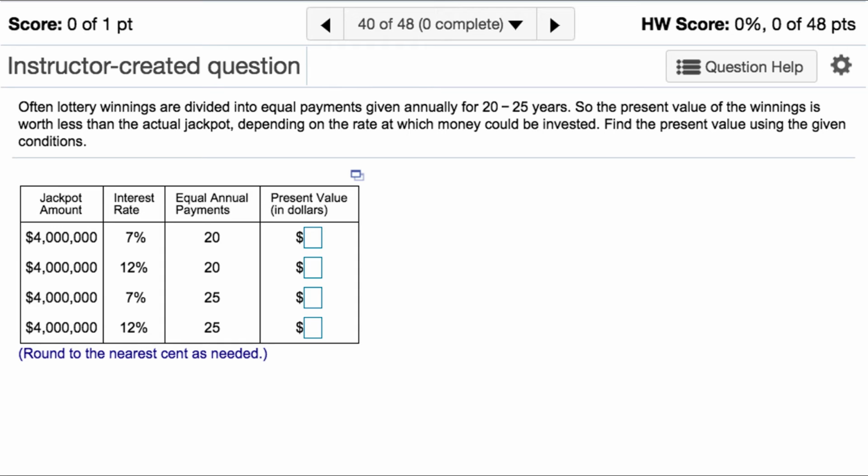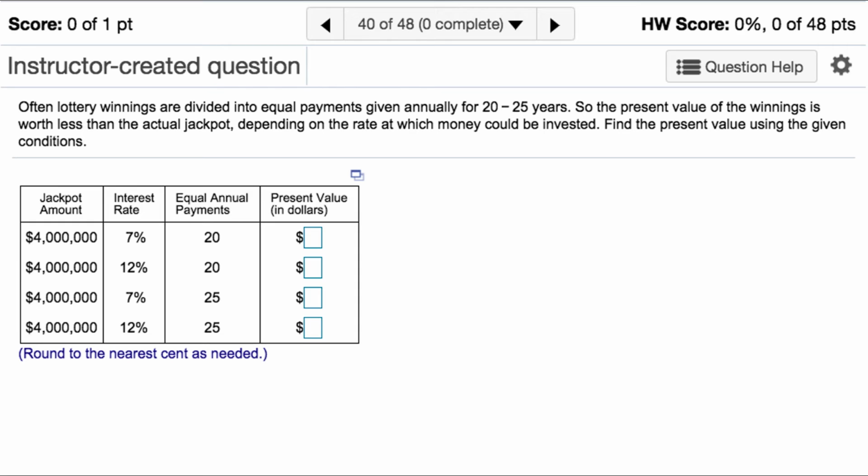The first sentence actually tells us what we're going to do, and we're going to read it very literally. Often lottery winnings are divided into equal payments. So if you were to win $4 million in the lottery, which you won't because we learned about probability, they wouldn't give you $4 million.